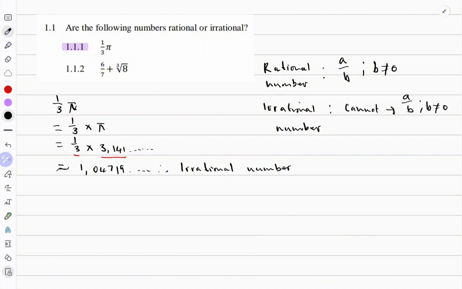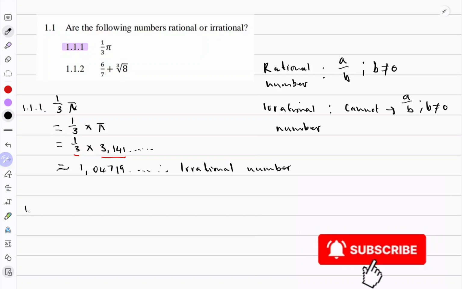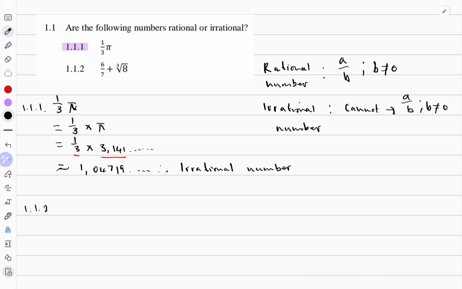In the second case, 1.1.2, you have 6 over 7, which is a rational, plus the cubed root of 8. And you know 8 is the same as 2 to the power of 3. The cubed root can be written as to the power of 1 over 3, plus 6 over 7.